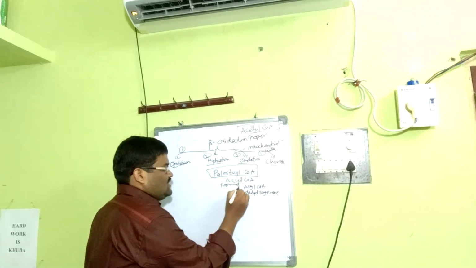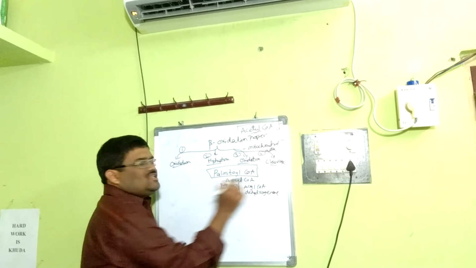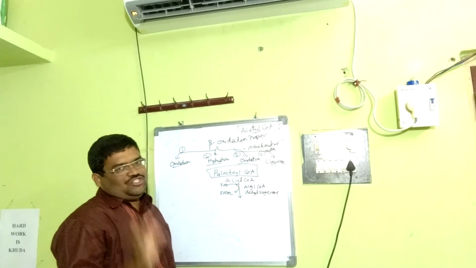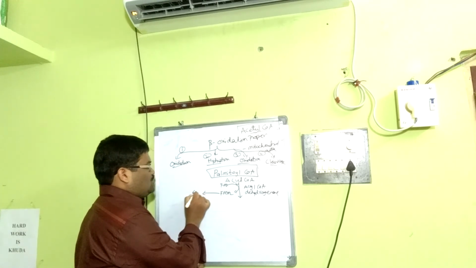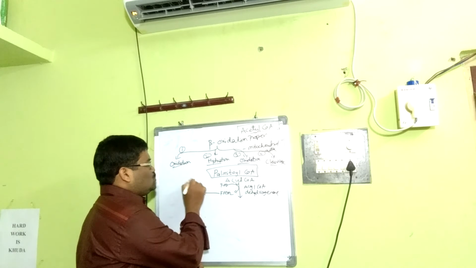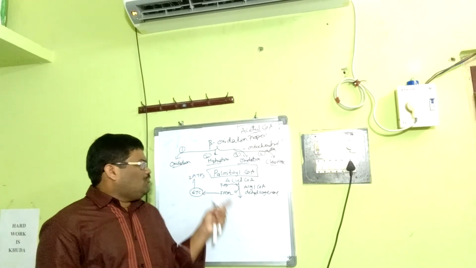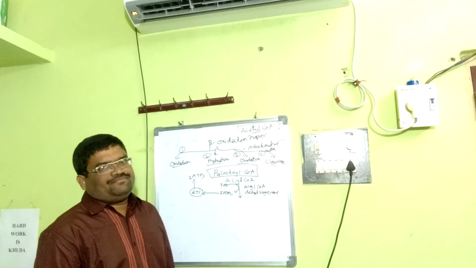Here FAD becomes FADH2. This acyl coenzyme A dehydrogenase is a FAD dependent flavoenzyme. And this FADH2 goes to the electron transport system, ETC, and will release 2 ATPs. We know that one FADH2 will release 2 ATPs and one NADH will release 3 ATPs. The process is the same.